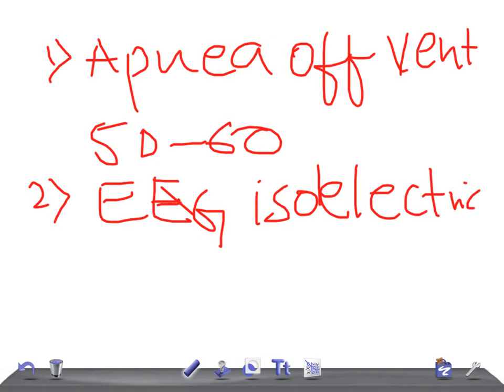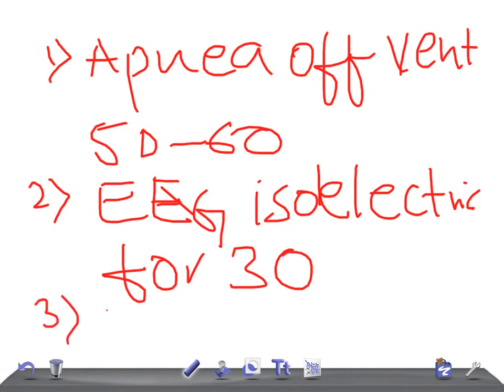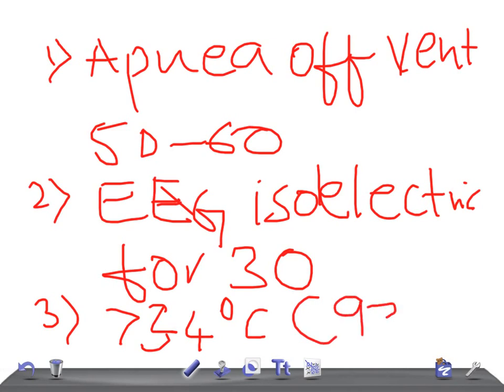So remember, this applies if the body temperature is above 34 degrees centigrade, or around 93.2 Fahrenheit. Very important points.